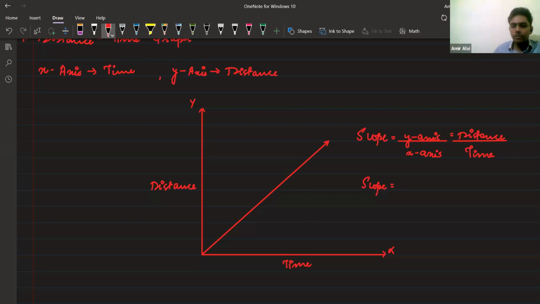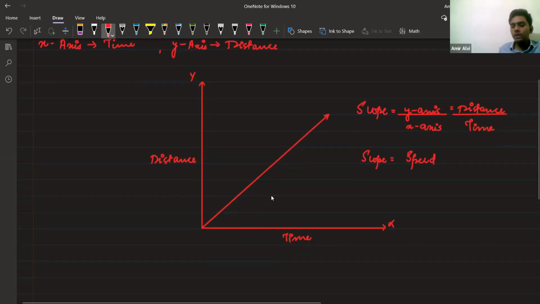I'm asking something from you. What is the value of distance by time? Sir, speed. Speed, yes. Very good, sir. Speed. So this slope gives you the magnitude of the speed.